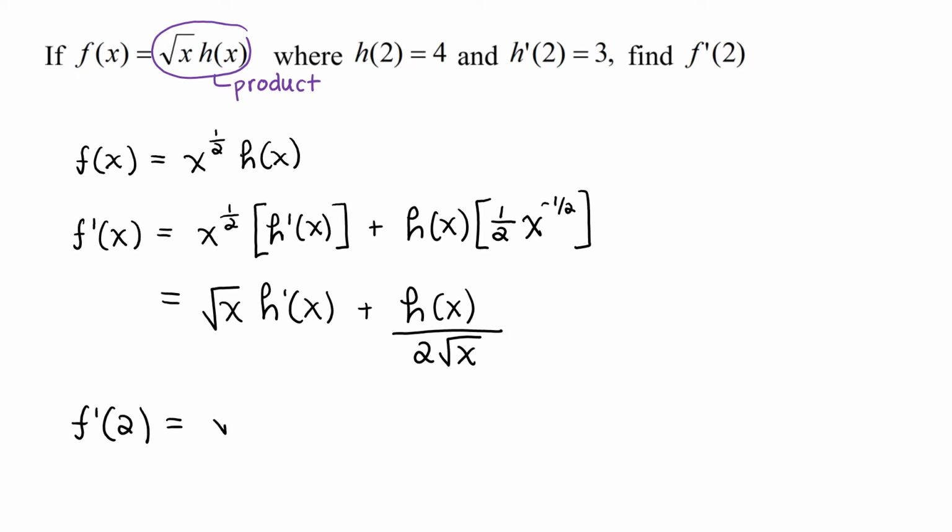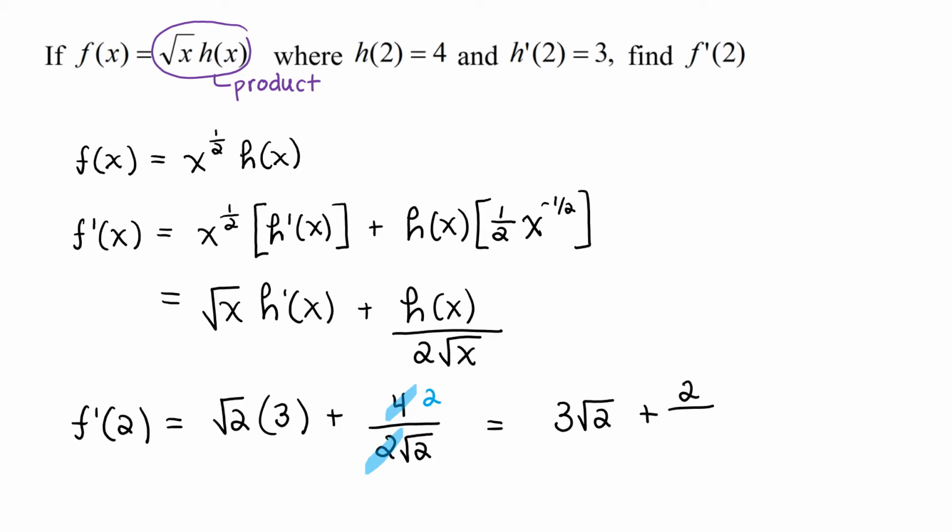So we have the square root of 2 times h prime of 2, which will be 3, plus h of 2, which is 4, over 2 times the square root of 2. So this will be equal to 3 root 2 plus one of our 2's will divide out, so we'll just be left with 2 over root 2.